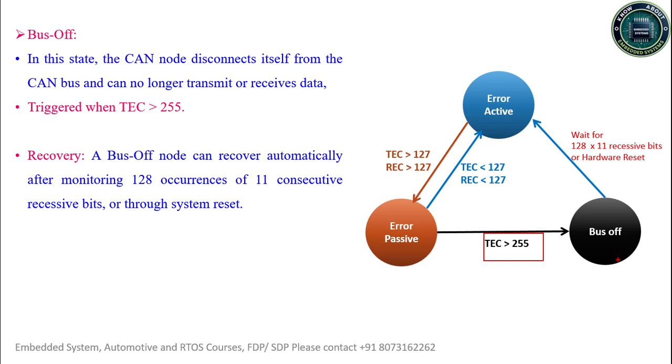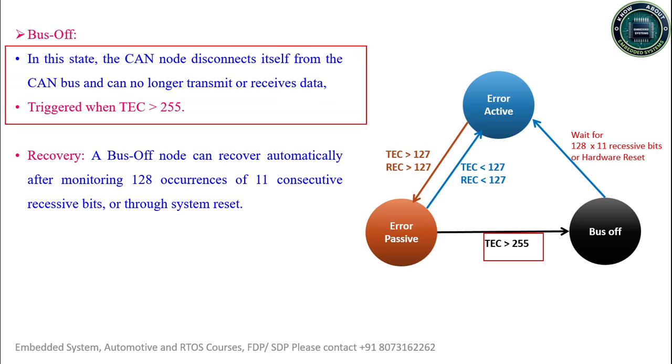That means the ECU going to bus off state will not transmit any data and will not receive any data. The ECU itself disconnects from the communication. That state is called bus off state.